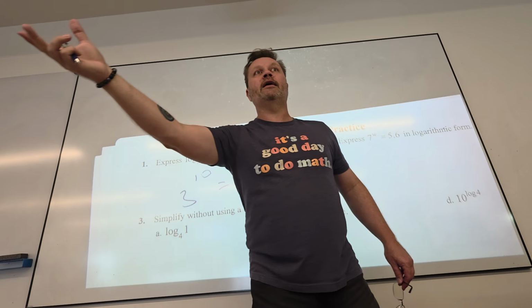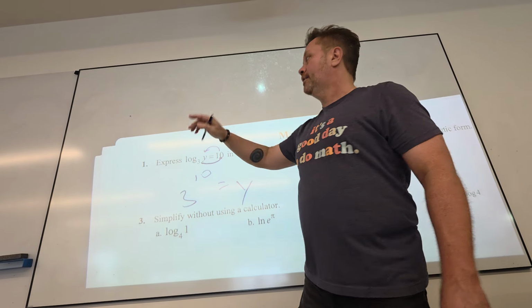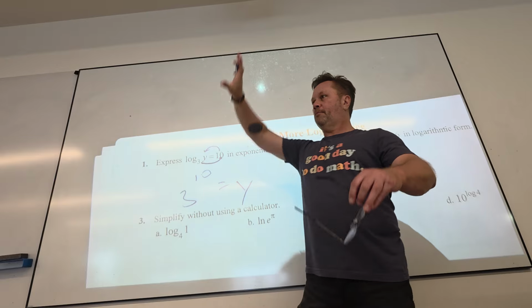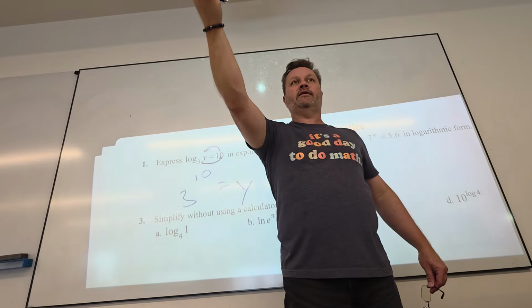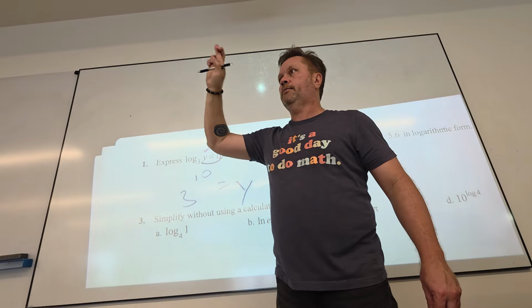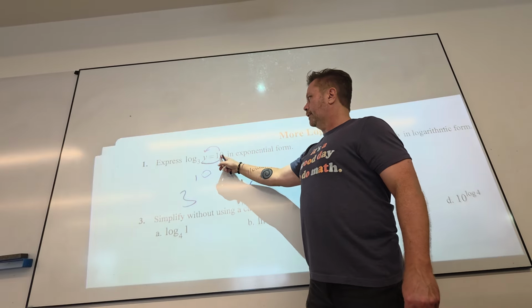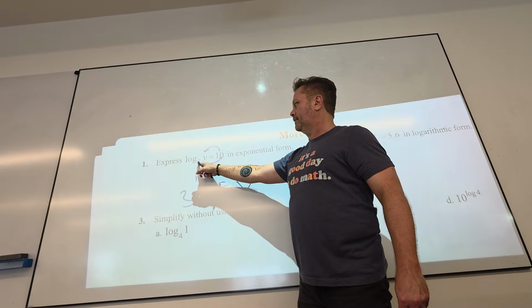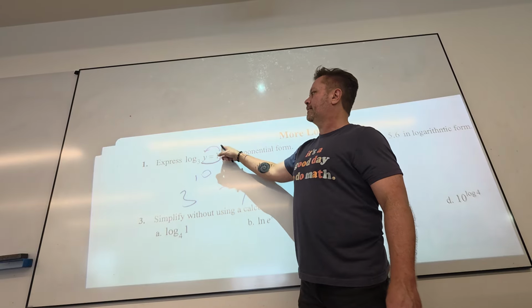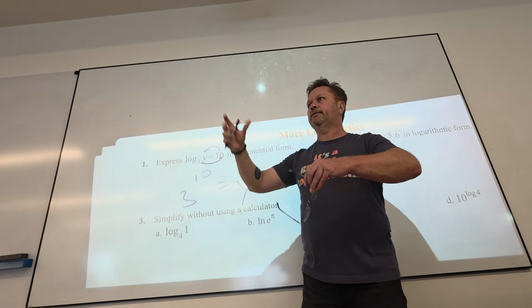They make one guy's output become the other guy's input. What's the output here? 10. What's the input here? 10. It took one guy's output and made it the other guy's input. That's what inverses do, yes? Okay, maybe. So the answer to a log is the power the base needs to become the thing on the inside. That's why this idea works to rewrite it.